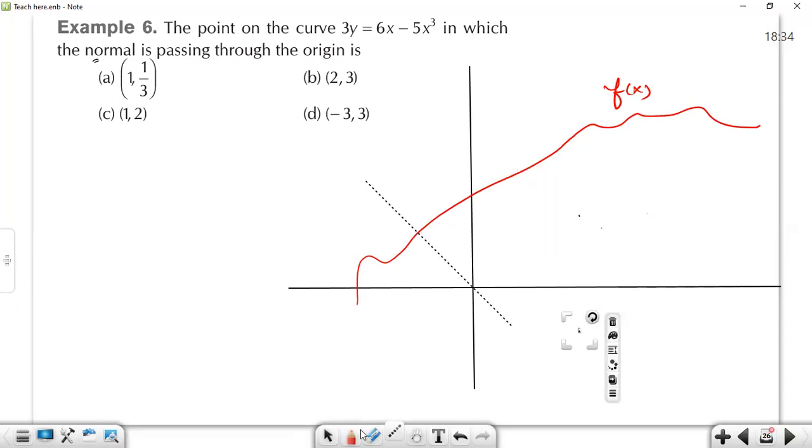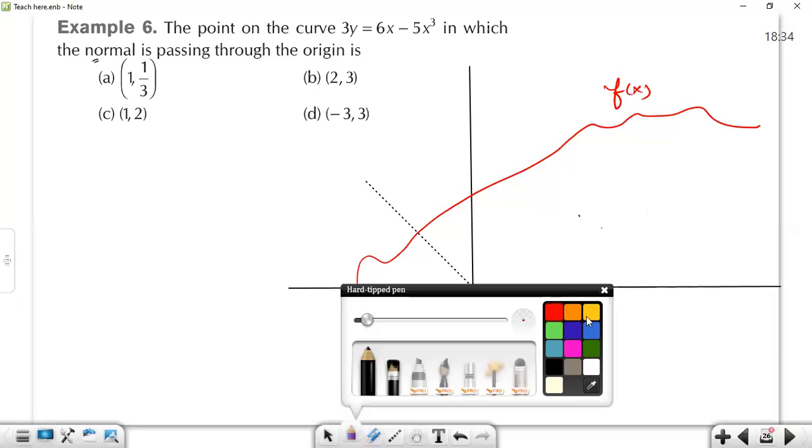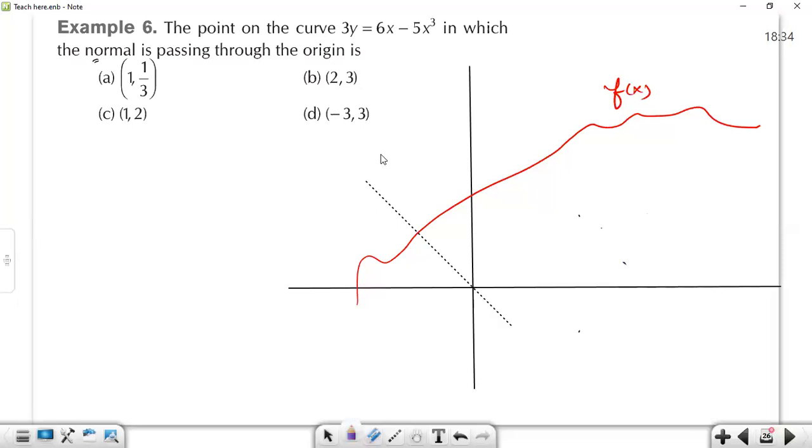So basically what we are saying here is that the normal, which is a straight line also, is passing through the origin. That's what is given in the question, and this particular function's equation is also given.